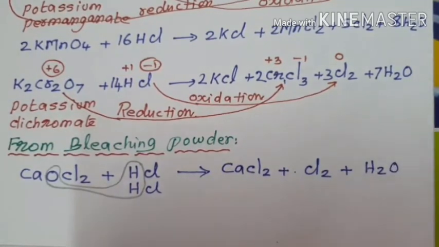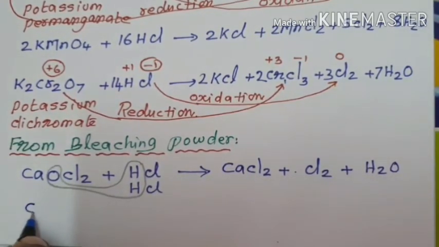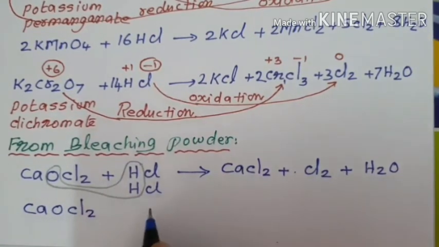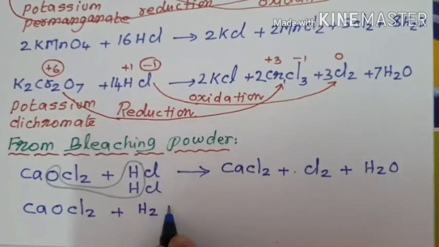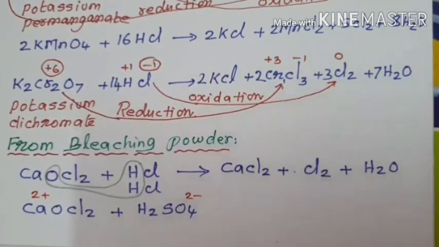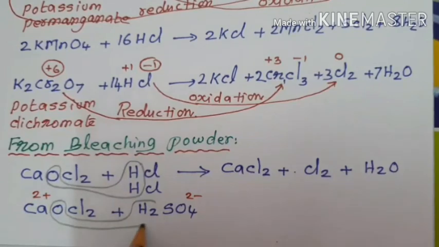Now, with sulphuric acid, a mineral acid: calcium oxychloride, CaOCl2, when treated with sulphuric acid, H2SO4, the calcium 2 plus ion combines with the sulphate 2 minus ion. As in the first reaction, there is loss of one water molecule and Cl2.